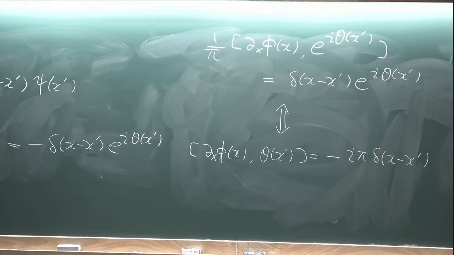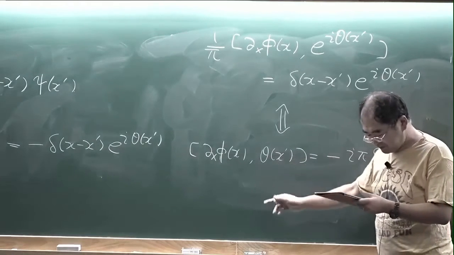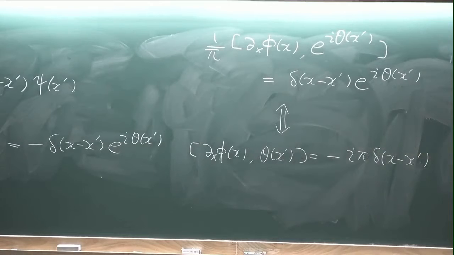So now we have introduced two fields, phi and theta. Phi came from the labeling field, and theta came from the phase of the wave function. And they obey this commutation relation, and it still has a derivative. So you can integrate, although there is some freedom of choice in the integration constant.